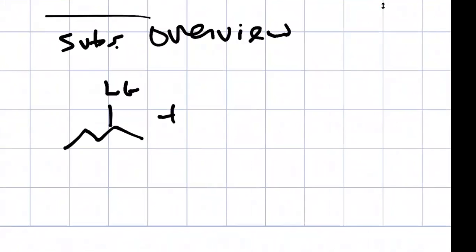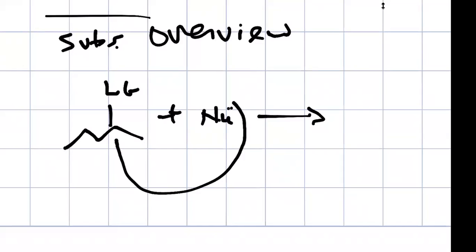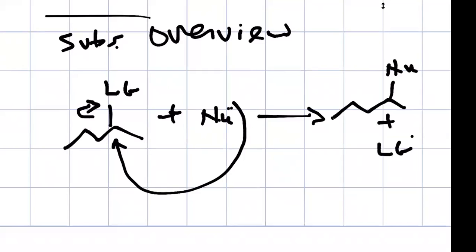You react it with a nucleophile, and then that nucleophile comes in. I'll go ahead and make it SN2 and displaces your leaving group. So the nucleophile is now here in the place of your leaving group, and then the leaving group is here.